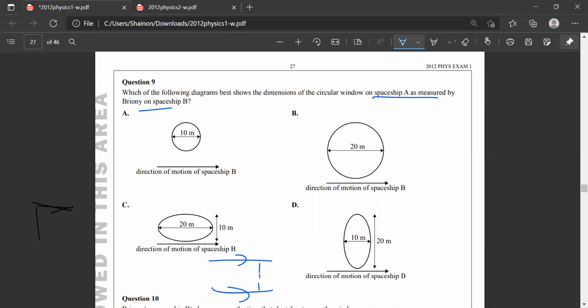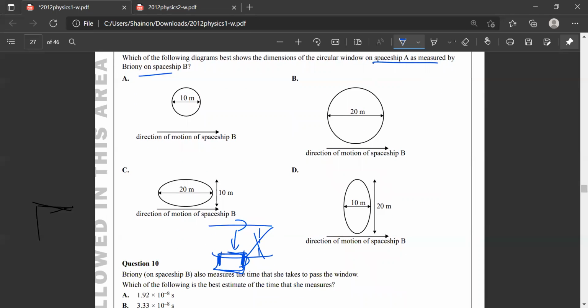So when it's shortening, it's always going to be parallel, not perpendicular. So this one is perpendicular, so that's completely off. This one just doesn't make sense. So it should be this one then.